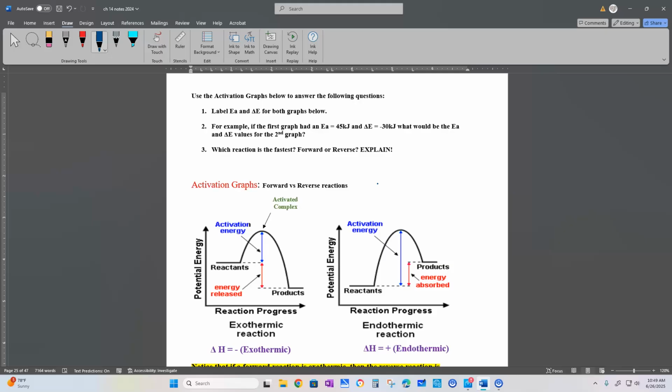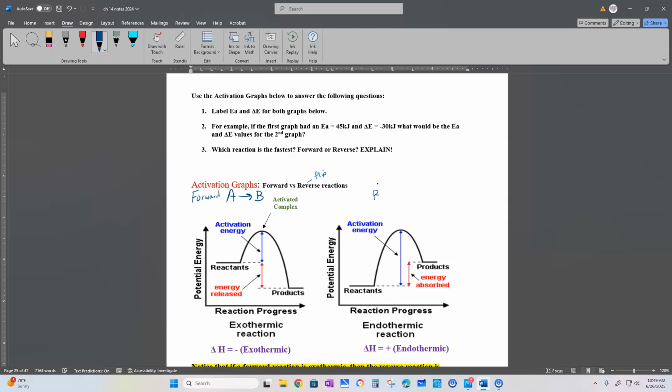All right, practice problem. Use the following activation graphs to answer the following questions. Okay, so this reaction right here is called the forward. So let's say this is A makes B. So this is called the forward reaction. What happens if reverse is called flip?